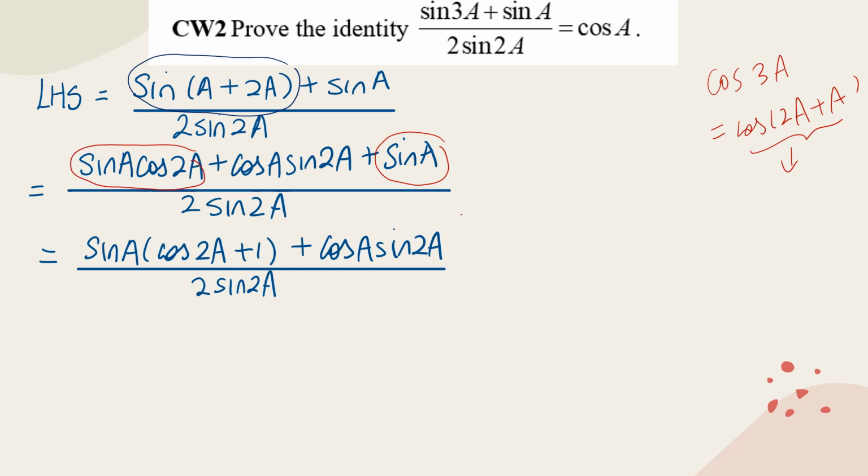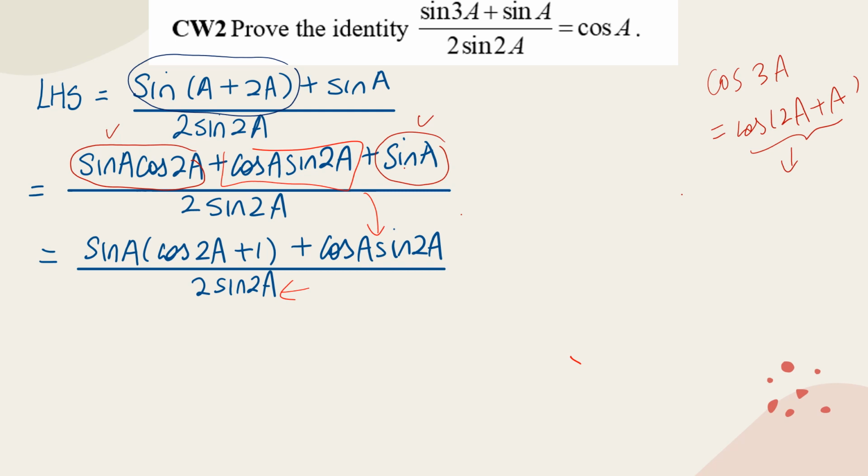So I can actually factorize the sine a out from these two guys here. So that will give us sine a bracket cos 2a plus, and then I shift this guy here to the last term. And of course, the denominator remains the same as 2 sine 2a.